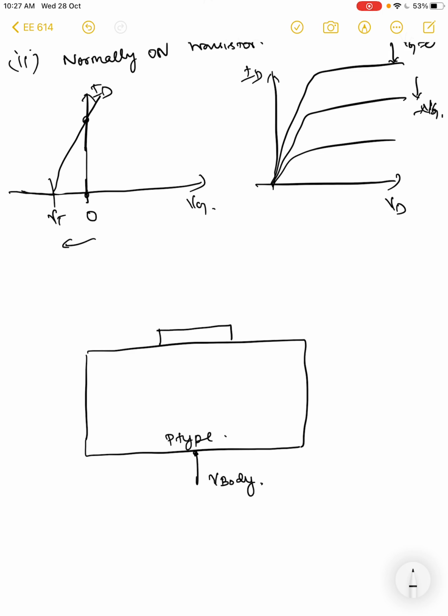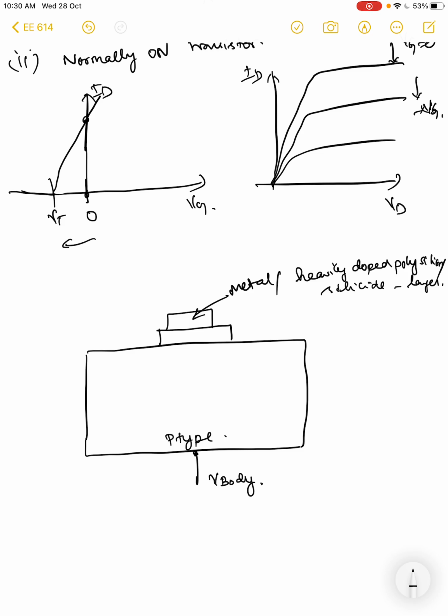On top of the gate oxide, you typically have a metal or heavily doped polysilicon or a silicide layer. It has to be a very heavily doped or highly conducting layer. We'll see the reasons for this soon enough.